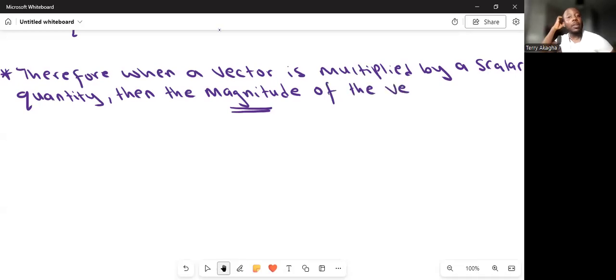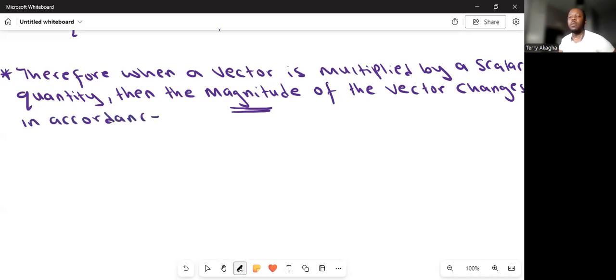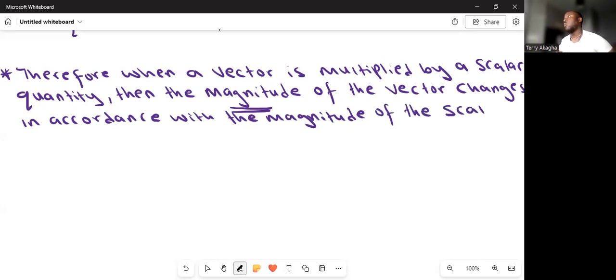Remember we've talked about magnitude earlier. The magnitude, the size of the vector, changes in accordance with the magnitude of the scalar. Okay, but the direction remains the same.